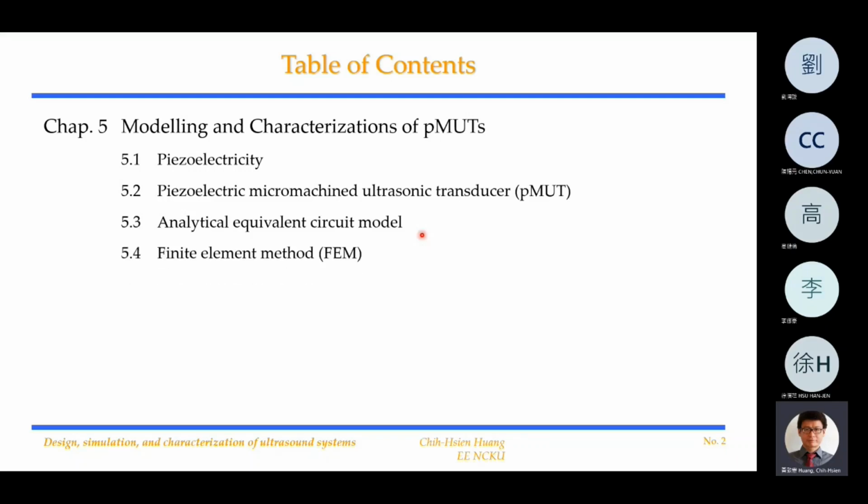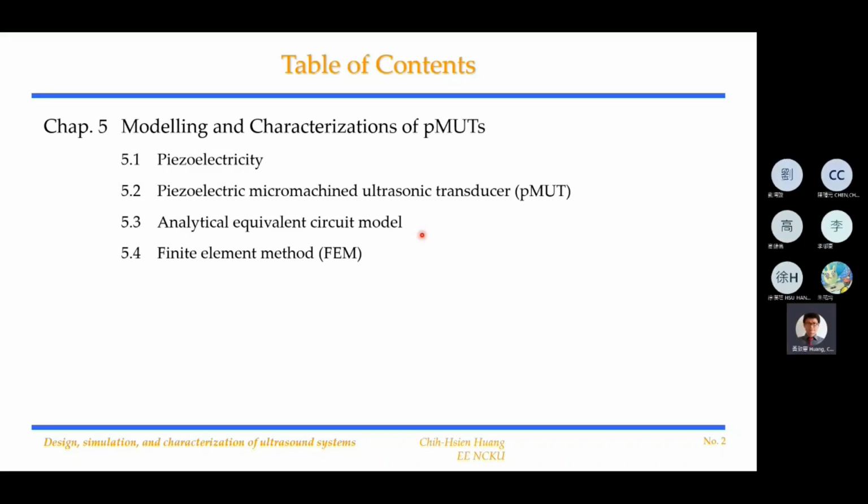We will also introduce FEM a little bit, but it's just to confirm the analytical equivalent circuit model. Typically, the circuit model is like what he mentioned. He's trying to explain physical phenomena with an electronic circuit.